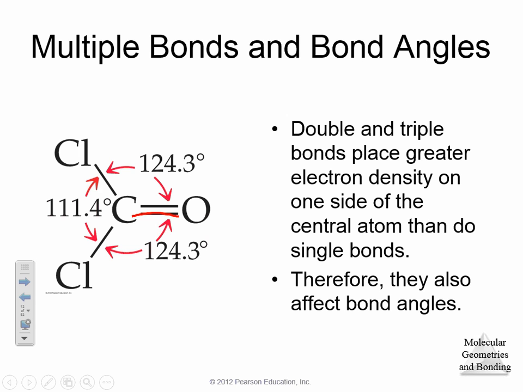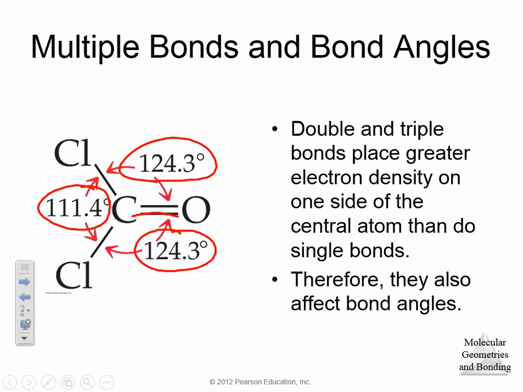So you can see here where the double bond exists, there's slightly more repulsion than there is with the single bond. Since the double bond is drawing that oxygen atom closer, there's going to be more repulsion between oxygen and chlorine, since they're slightly closer to one another than the chlorine and chlorine, based on bond length.